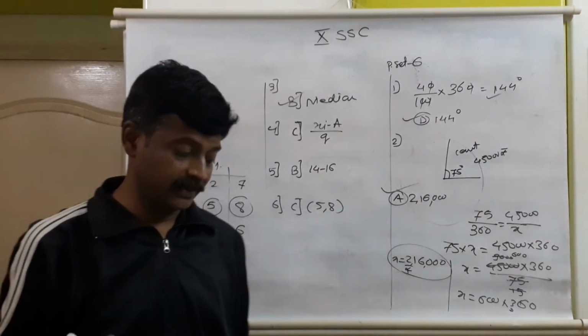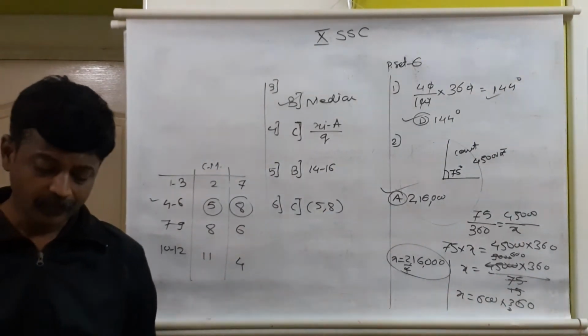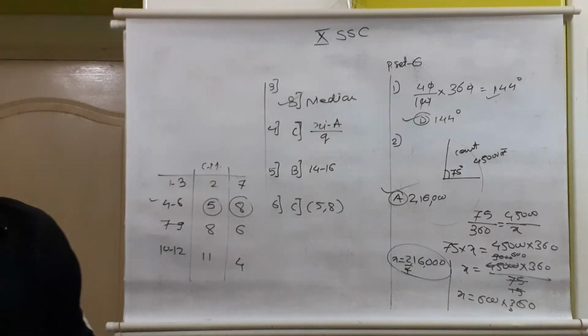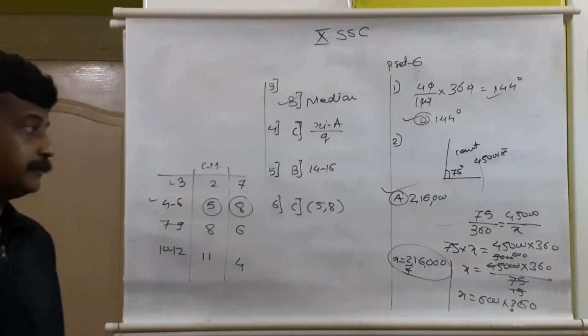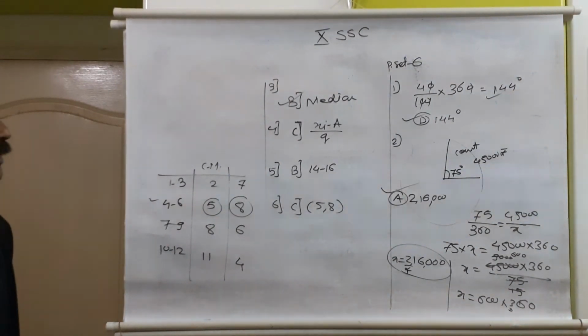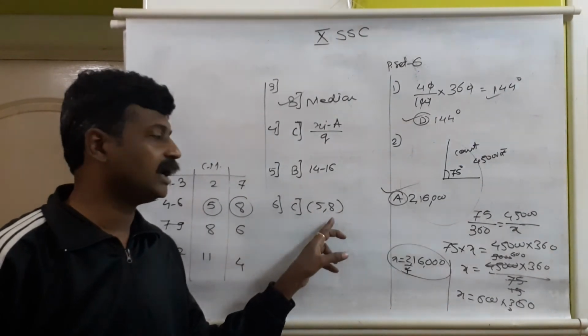So here we completed the first question. Question number 1, objective type problem set number 6. Once again I want to remind you, whenever it is an objective type question, as per the new rules from the last 2 years, the correct option is also necessary, not only the answer.